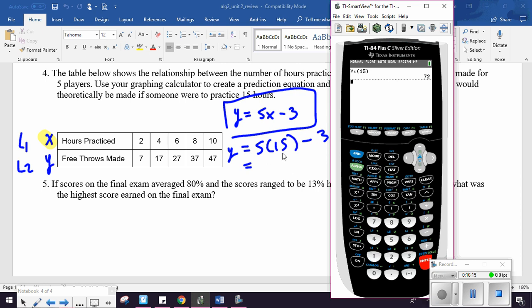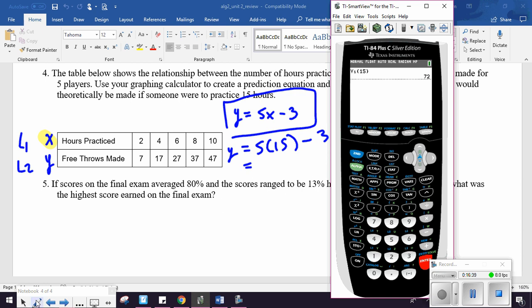So I don't have to type 5 parentheses 15 parentheses minus 3 because the calculator remembered that that's where you stored it. That's where you saved that information. But if you didn't save the information during the linear regression piece, then yes, you're going to have to type it.